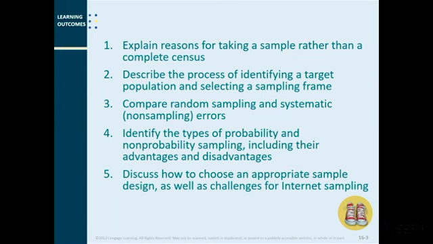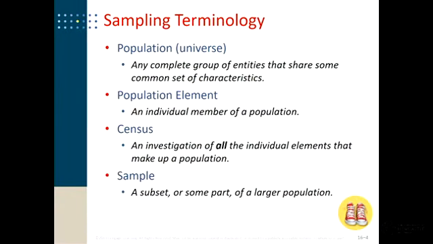So first of all, as I said, we will start our discussion with understanding why we need to go for sampling. To build up this understanding, we need to know some terminologies that we use throughout this chapter. Those are population, census, and sample.